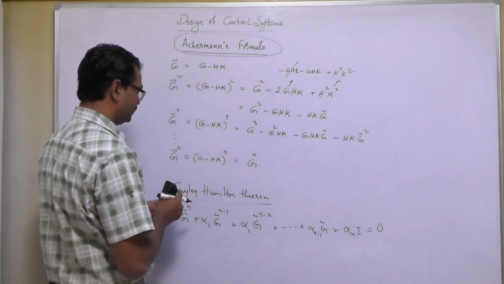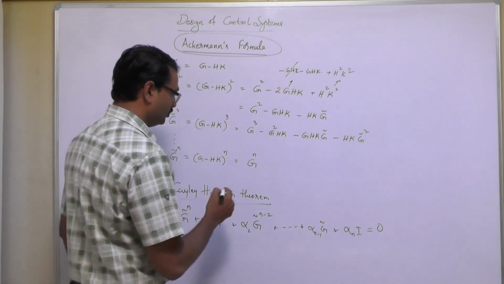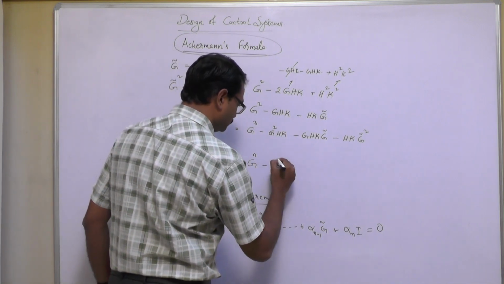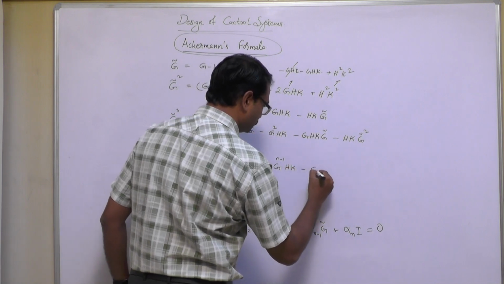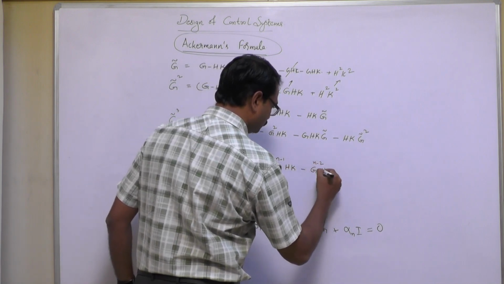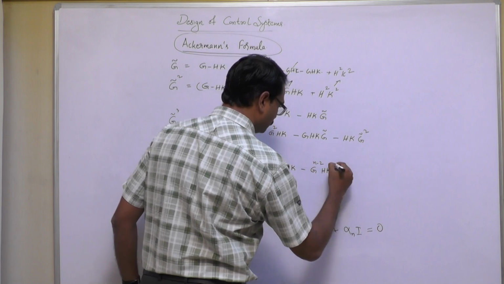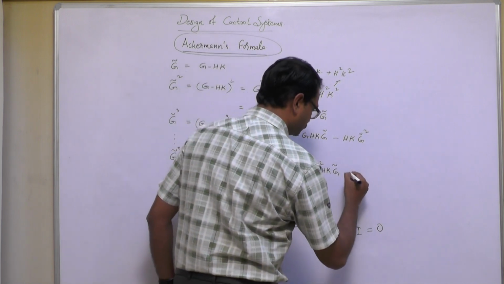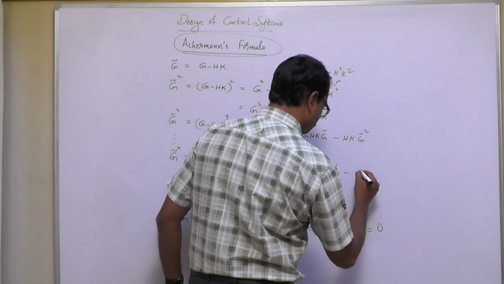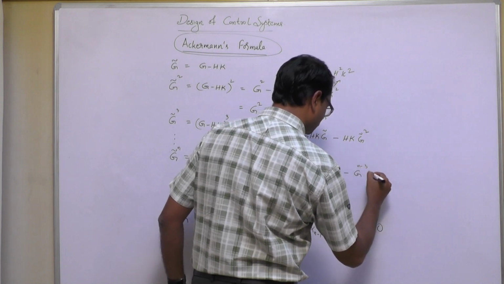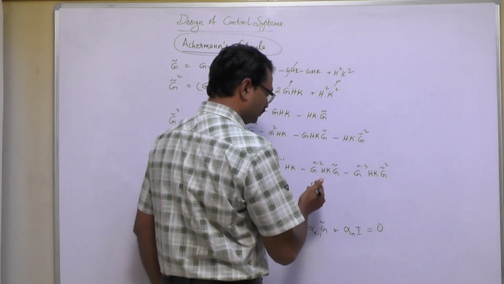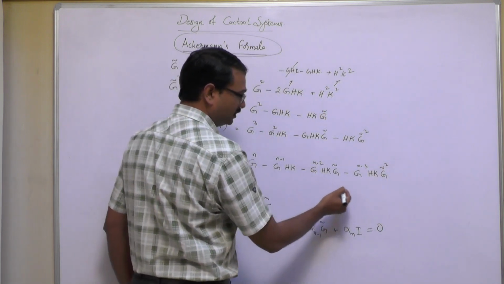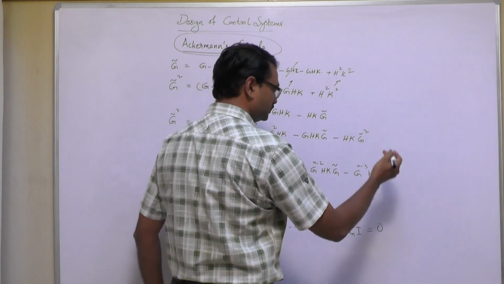This is a generalized equation power n: G power n minus G power n minus 1 HK minus G power n minus 2 HK G bar minus so on, G power n minus 3 HK G bar square. When G is reducing its order, G bar is increasing its order.